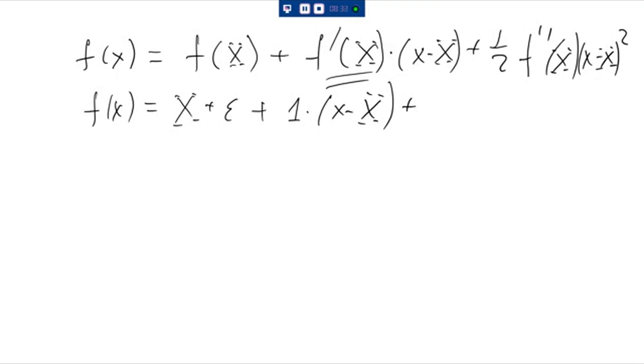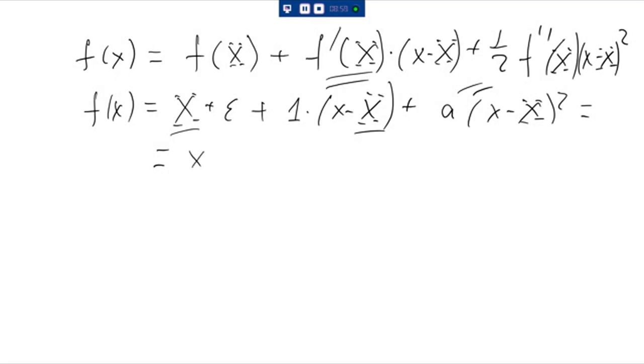And here we don't know the second derivative, but half the second derivative we will just denote by a. So a is half of the second derivative of f at x capital, times x minus x capital squared. So x capital and x capital cancel each other.